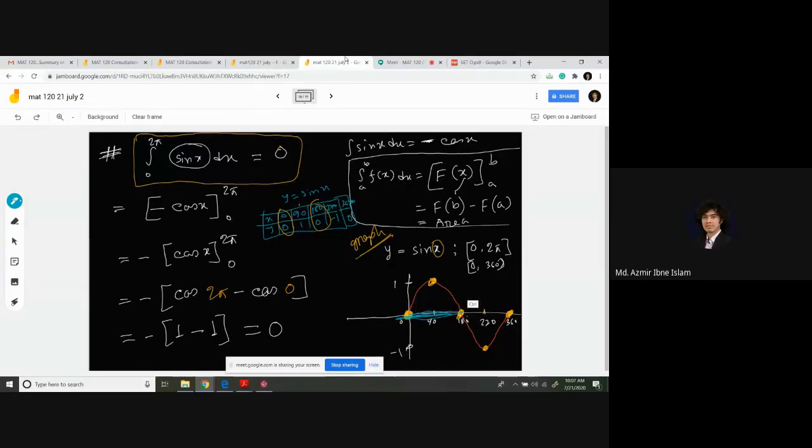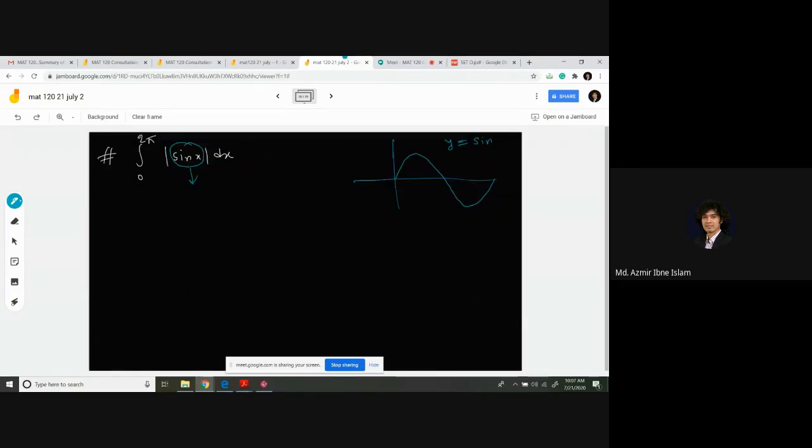So that's why, if you remember, if you have modulus of x, then once it must be positive x, and another part must be negative x. So same thing we are going to do here. From 0 to 2 pi, that means 0 to 360 degree, from 0 to 180 degree the function is positive, and from 180 degree to 2 pi the function is negative.